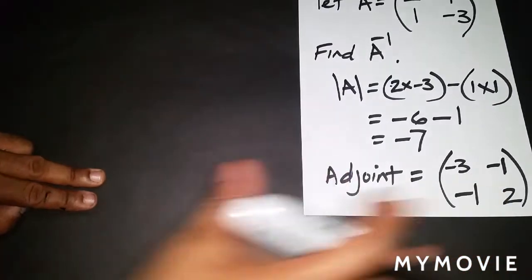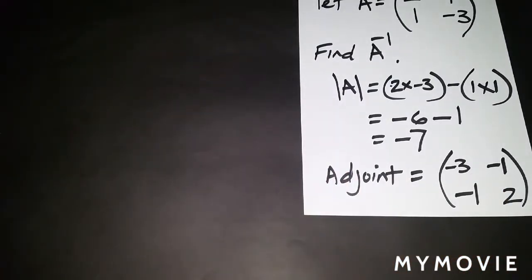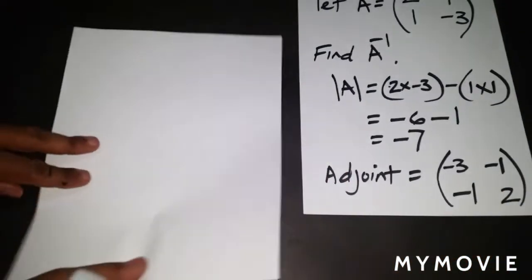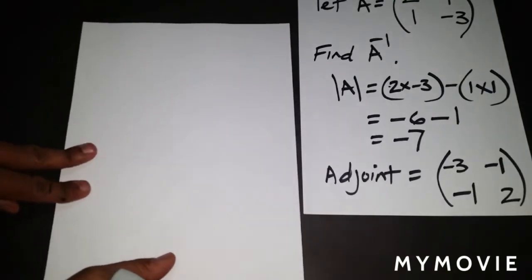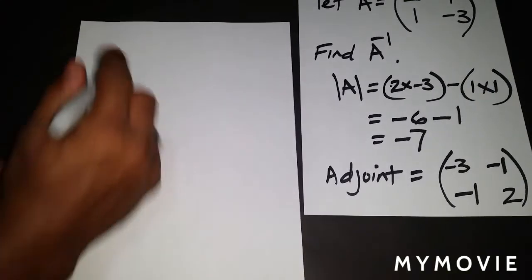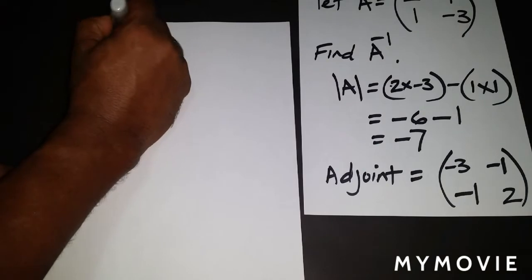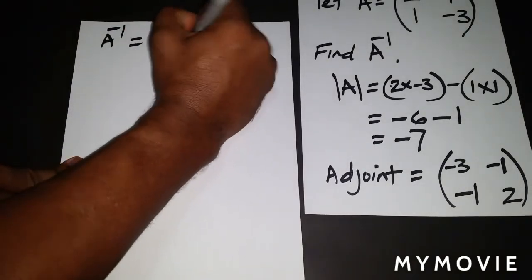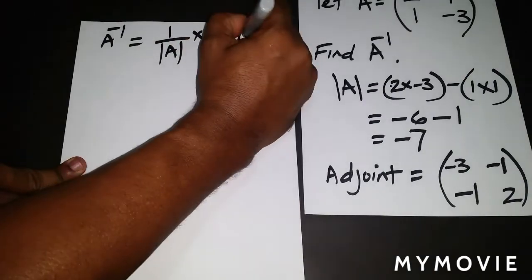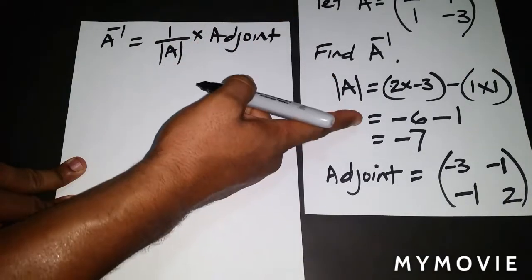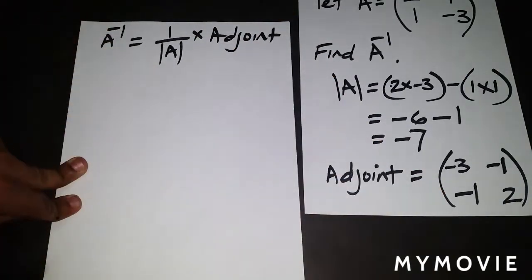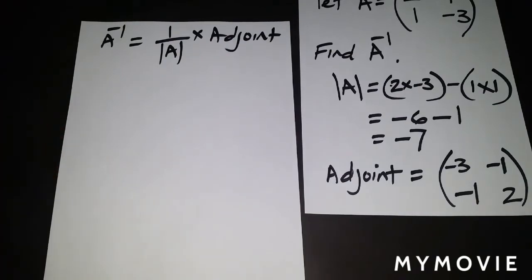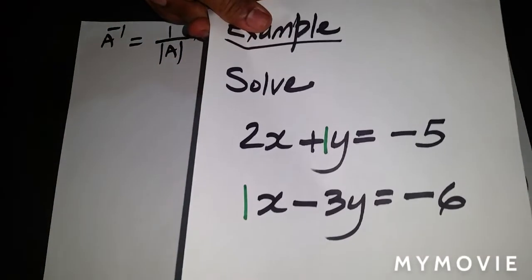Now we can go ahead and use the determinant and the adjoint to find the inverse of the matrix. The inverse of that matrix is going to be 1 over the determinant times the adjoint. You can't make any mistake here, because if you make that mistake, there's no way you can solve this.